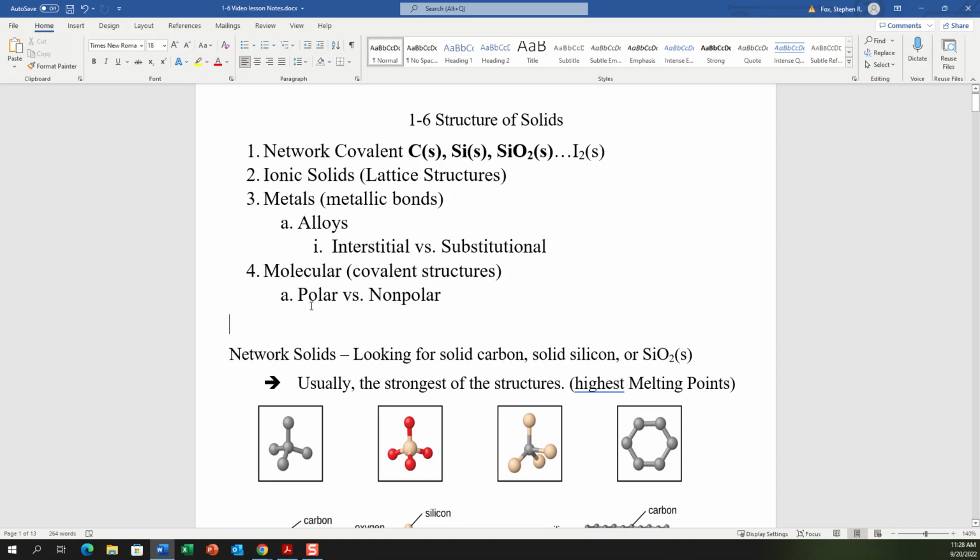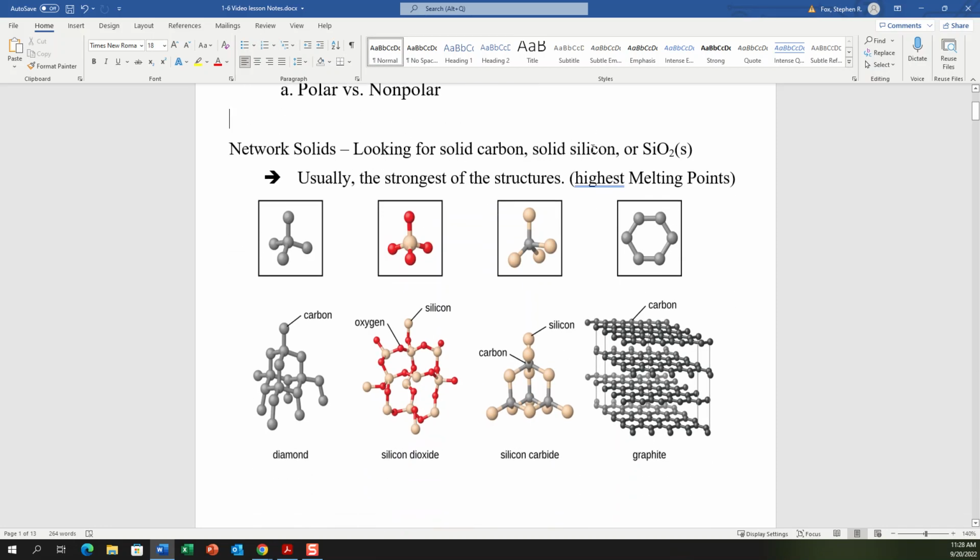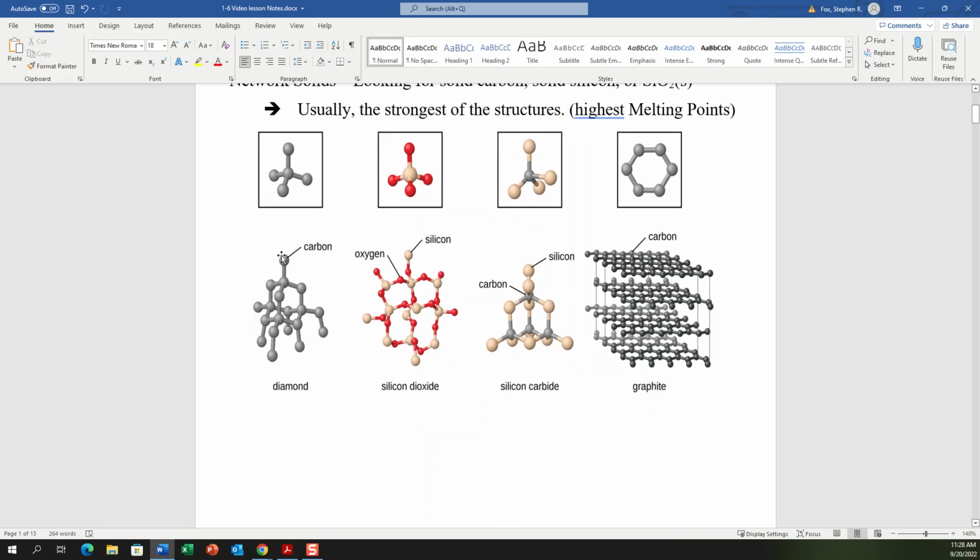All right. So let's talk about network solids. Again, you want to memorize that anytime you have solid carbon, solid silicon, or silicon dioxide, that's a network structure. Now, they're not going to tell you what this represents and that you need to know it's a network covalent, but these are how network covalent structures are usually represented.